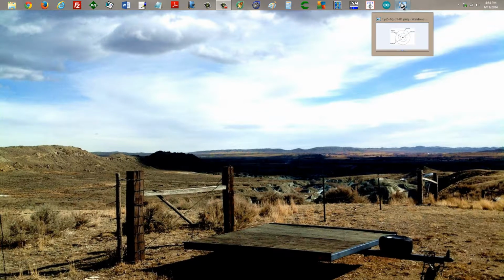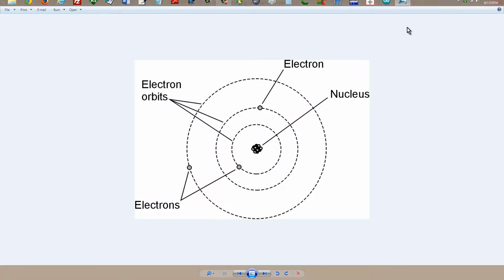Anyhow, what I'd like to do is start out just by showing you a simple model, a simple diagram of what they call the Bohr atom, B-O-H-R, named after Niels Bohr, the physicist who first dreamed up the idea that electrons, negatively charged particles, could orbit the nucleus, positively charged, of an atom.